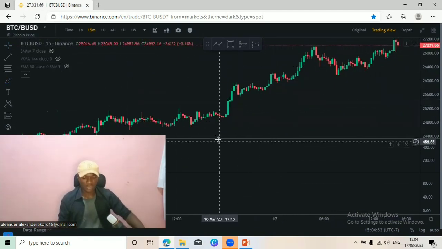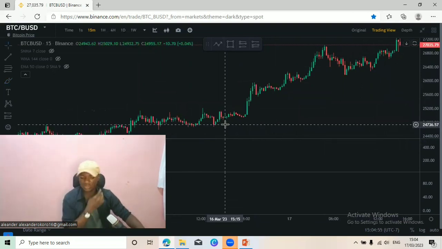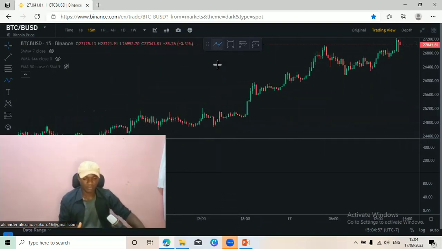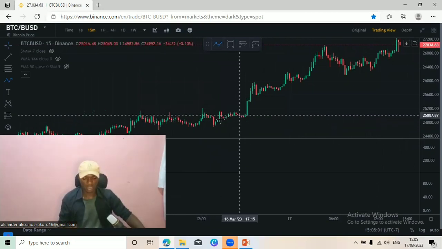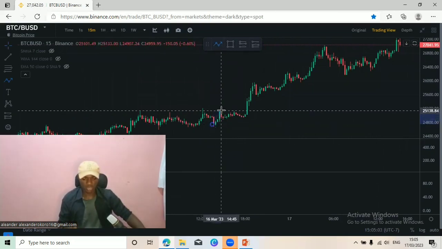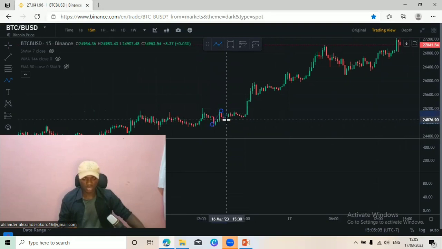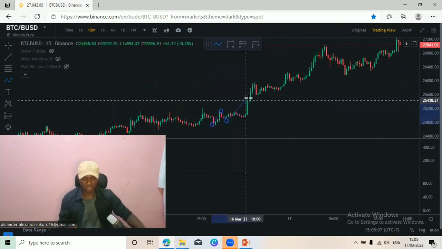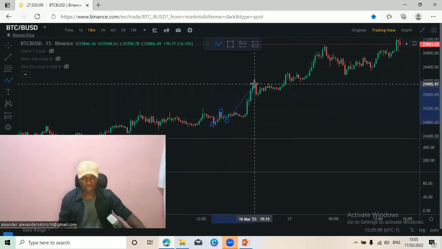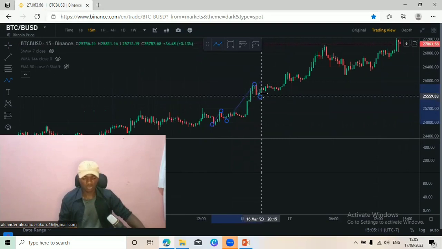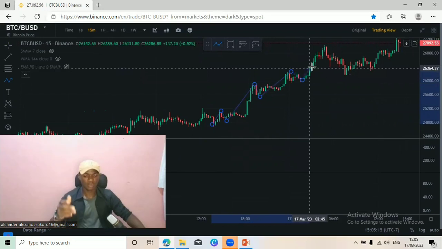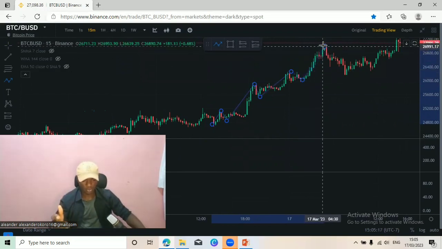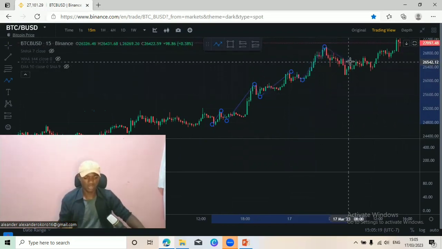All right. Now let's point out our uptrend here. You can see there's a move here to here, another move, good, another move, another move, another move, another move. Good. All right.